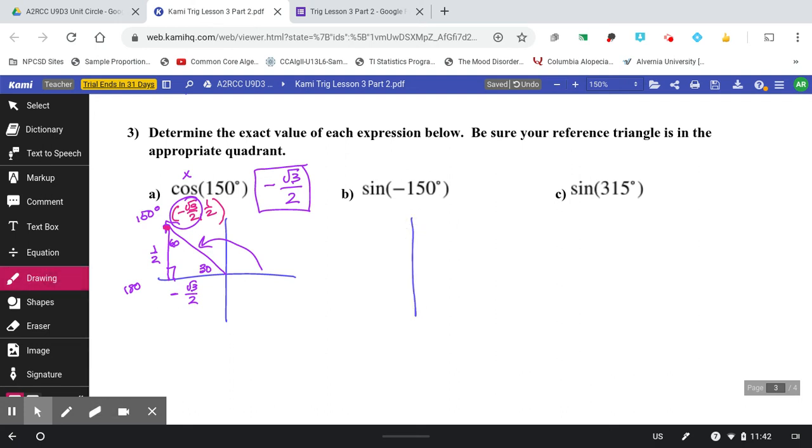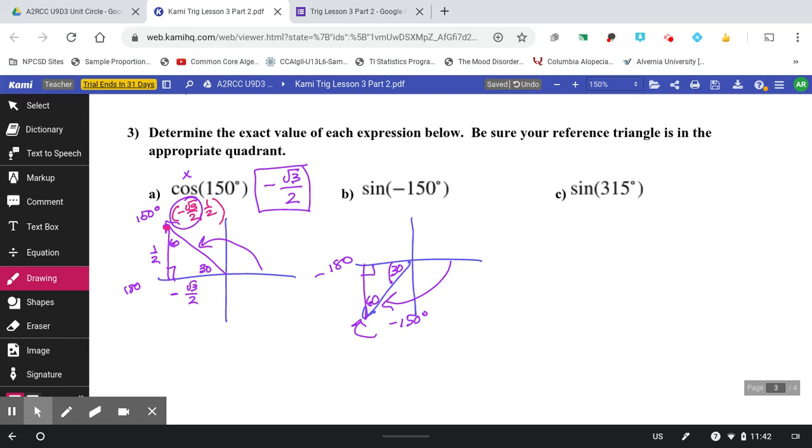All right, so here we have negative 150. Well, negative 150, the terminal side is going to be here. So that's negative 150 degrees right here. This is negative 180. So when I draw my reference triangle, again, I have a 30-degree angle as my reference angle. So again, this is a 30, 60, 90.